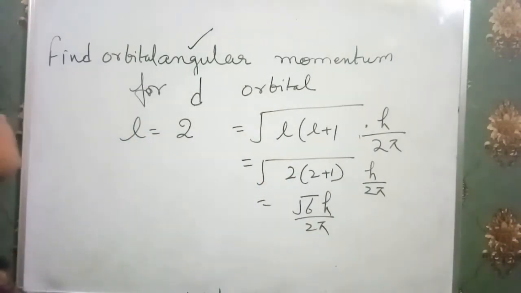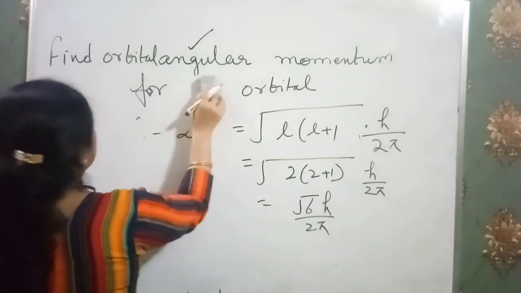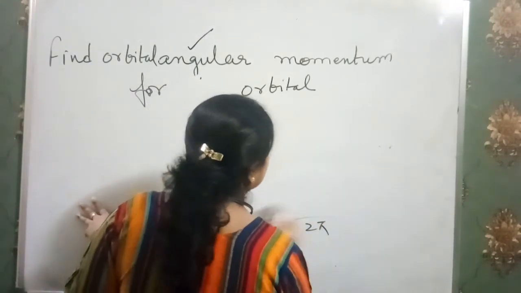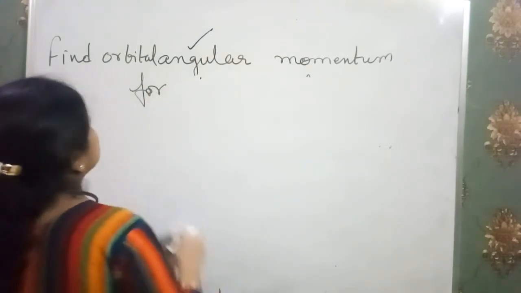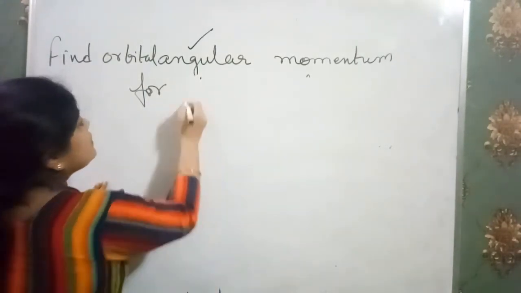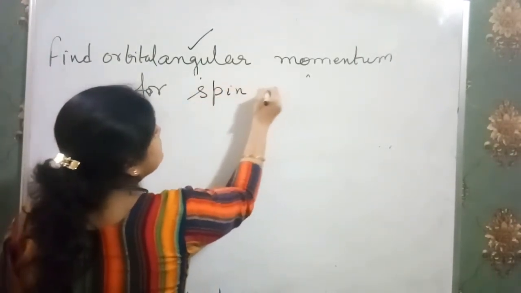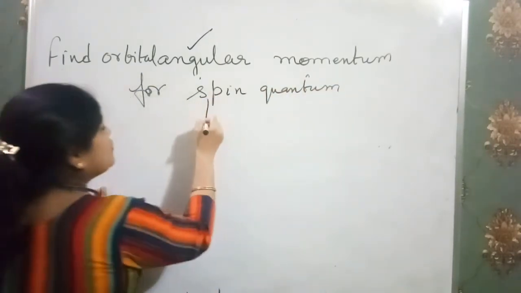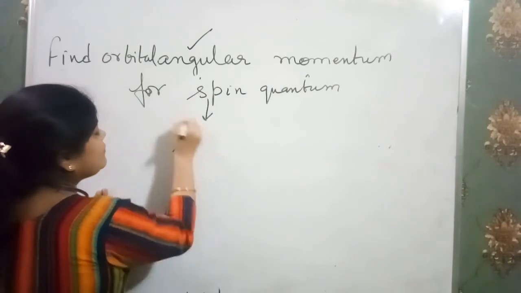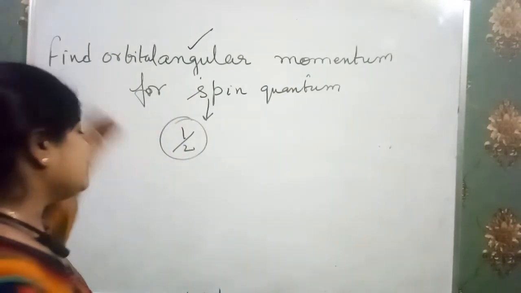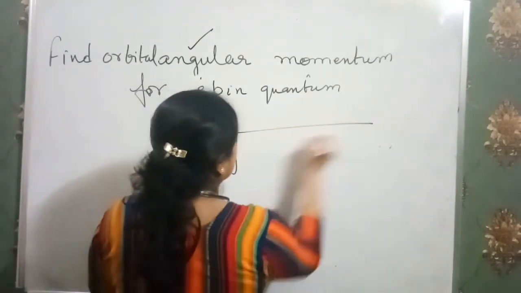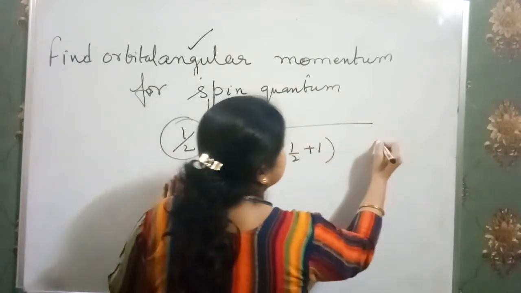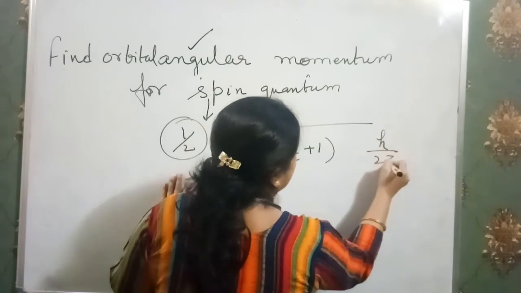Now for the spin angular momentum. For example, we have another question. We have to find the angular momentum for the spin quantum number. As we know, for the spin quantum number we have plus half. So we have the formula √(1/2(1/2+1)) h/2π.